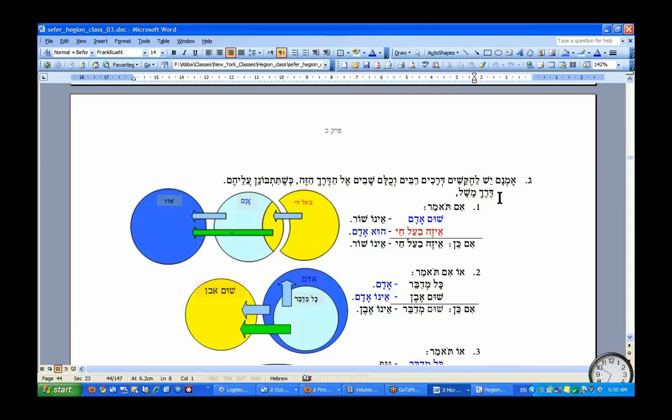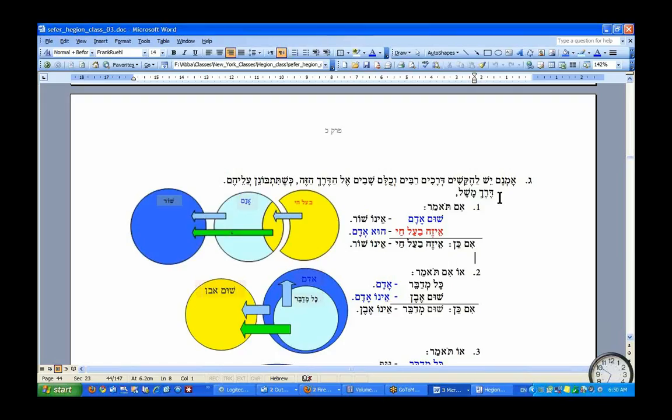V'kulam shavim el haderech hazeh kishitisponen aleihem. There's a lot of different ways that we can put two statements together and make a hekesh. But he says they all really come down to my basic principle, which is if I find something equal to or within one part of the statement, then it's going to have what the other part of the statement has. That's the whole, I would call it the rule of inclusion. Okay, so now he's going to give us a few different examples of how that works.